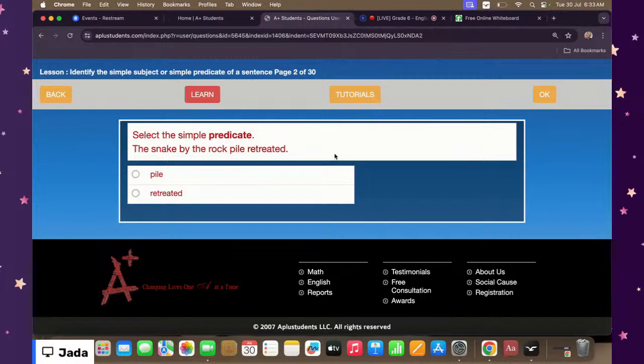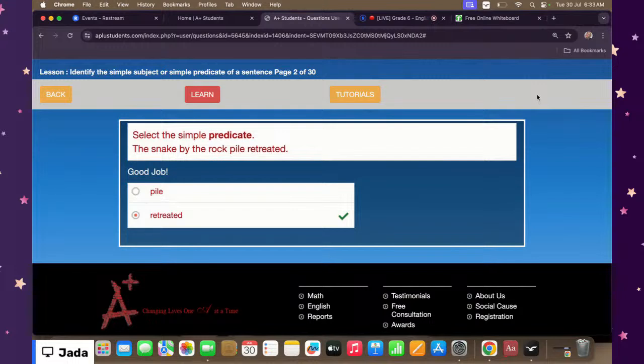Pile or retreated? Option 2. Okay. Okay, so retreated. Good job, everyone.